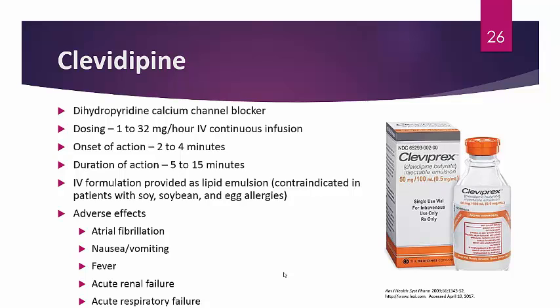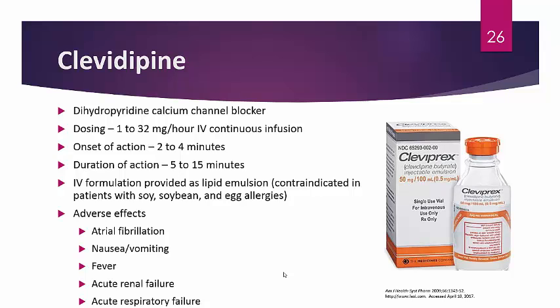Because it is made out of lipid emulsion, and the lipid emulsion contains egg as well as soy and soybean, it is contraindicated in patients who have some kind of egg, soy, or soybean allergy. Some important points to note about Clevidipine is that it can cause atrial fibrillation, nausea, vomiting, fever.